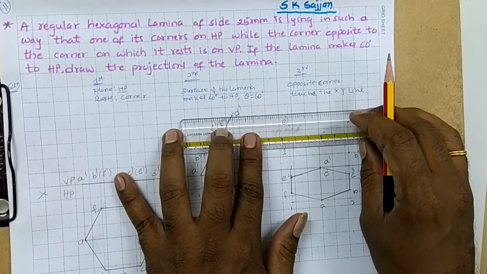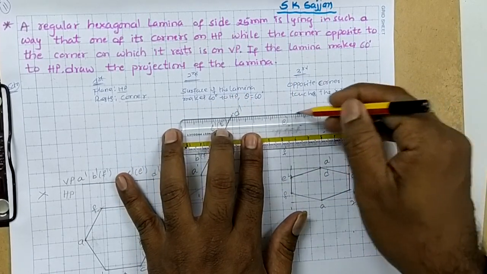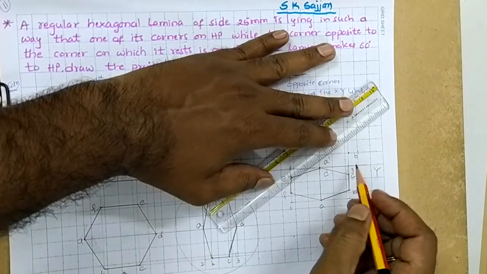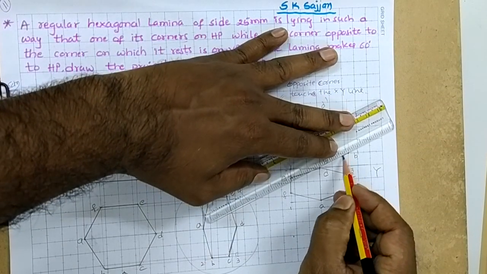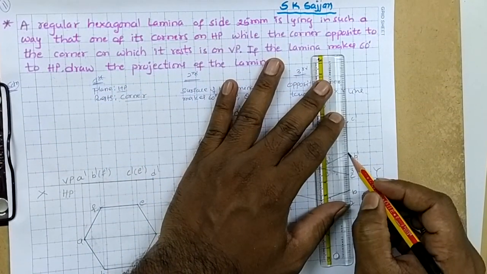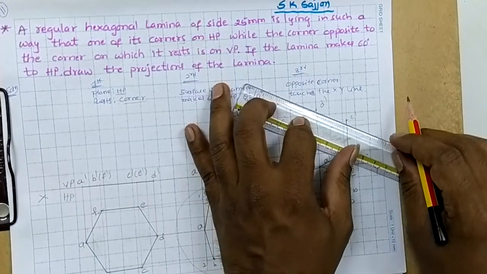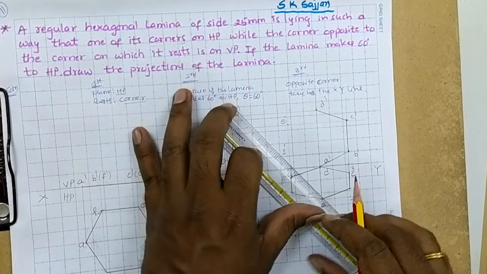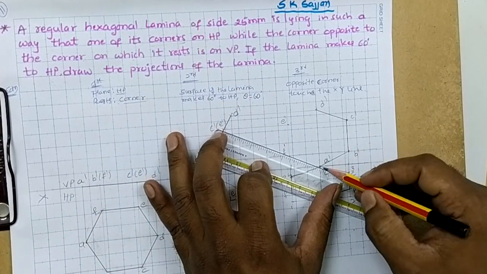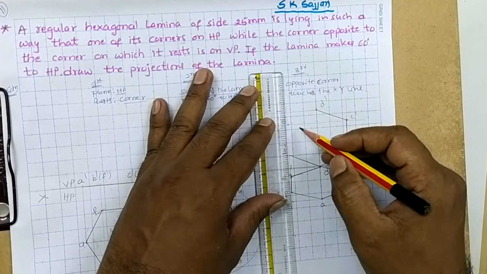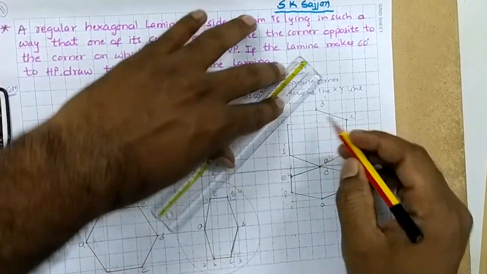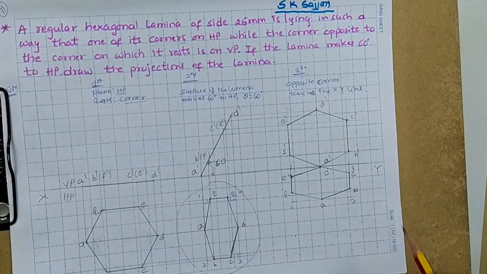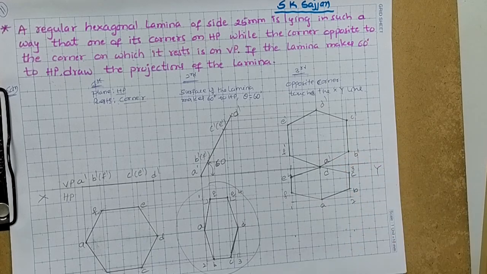Then draw the horizontal line from D dash. This point is D dash. Join all the points, we will obtain the front view. Okay, see, this is the required front view. Thank you.